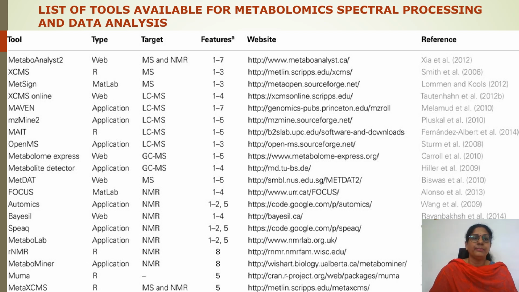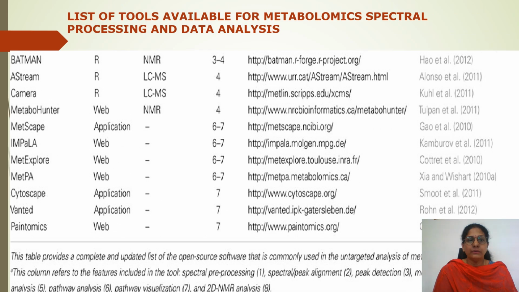For example, MetaboAnalyst 2: type is web, target is MS and NMR, features 1 to 7. Website is mentioned here, Xia et al. 2012. I'll show the footnote also.